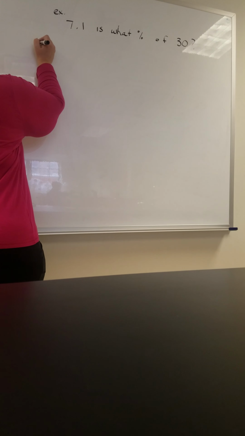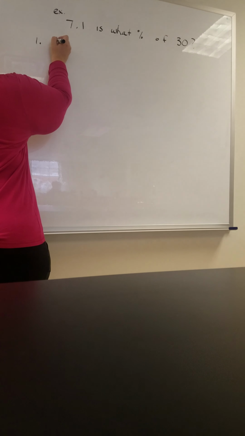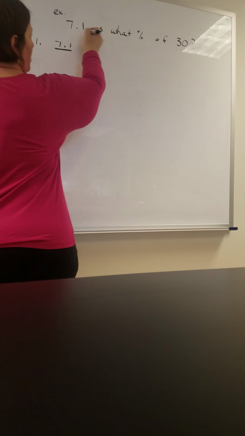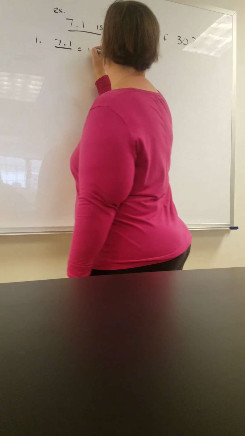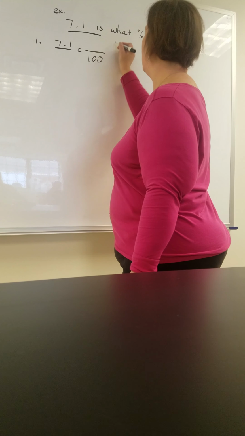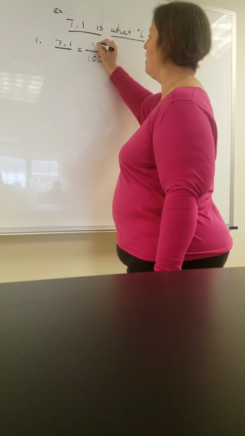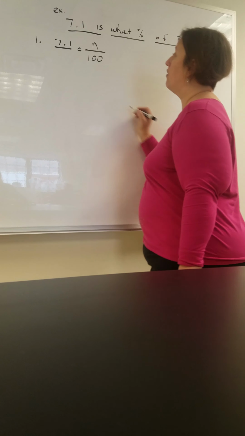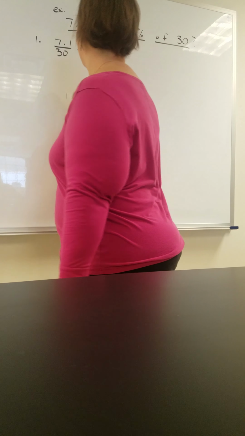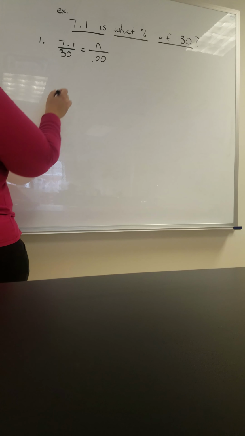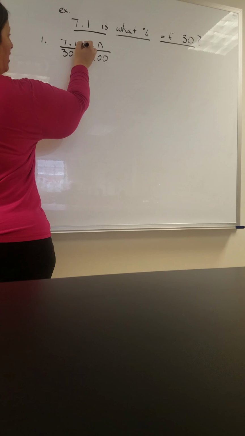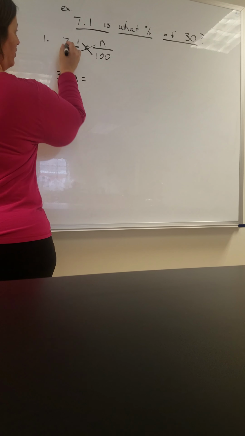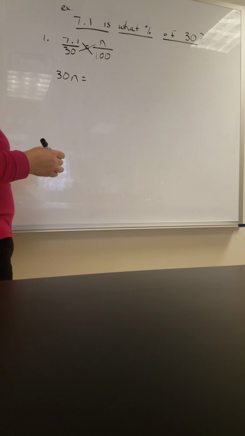So let's do our 3 steps again. 7.1, that's our is. We don't know the percent, that's our unknown. And of is 30. Okay, so we're going to cross multiply. So 30n equals, we need to figure out what 7.1 times 100 is.